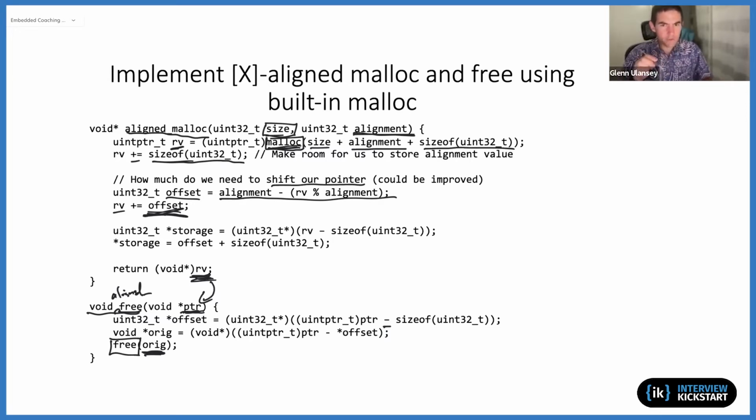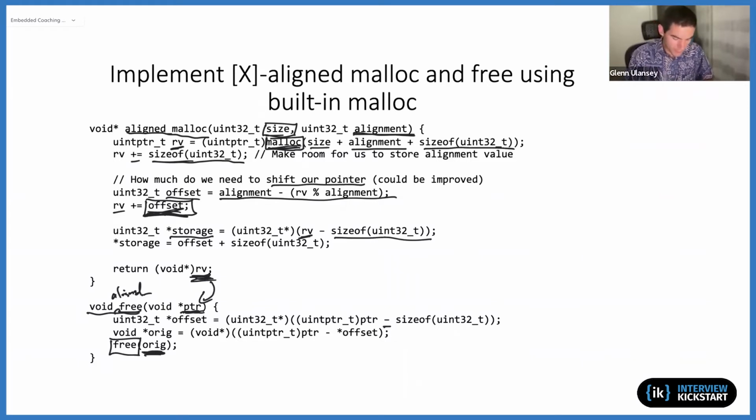So what we need to do is store this offset at some known place so that we can look it up again later. And in my solution, I take the return value that I'm ultimately going to return, and I subtract 4 bytes from it and store that pointer into this storage local variable.